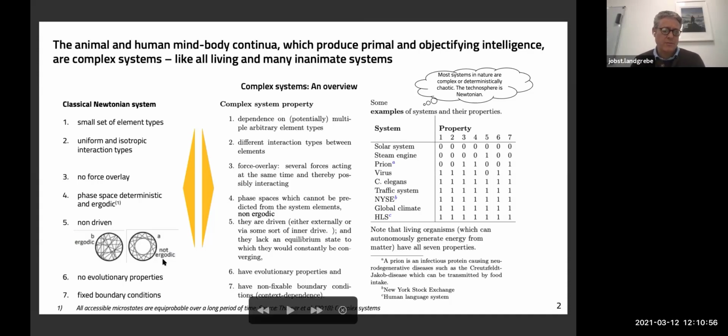In a non-ergodic system, the particles or the elements of the system don't behave like this. They may, for example, never be situated in some part of the system while they may find themselves in other parts. So if you pick a sample from such a system, picking a sample from our solar system would mean to analyze a photograph of how the planets are situated to each other and to the sun at a certain time point.